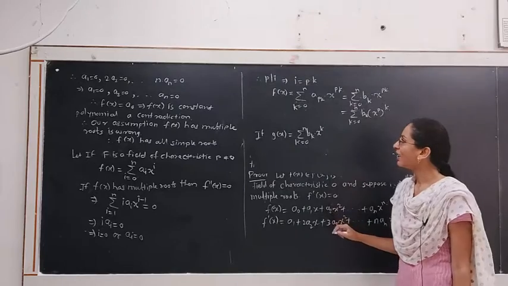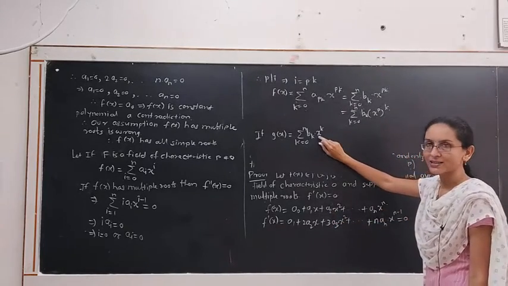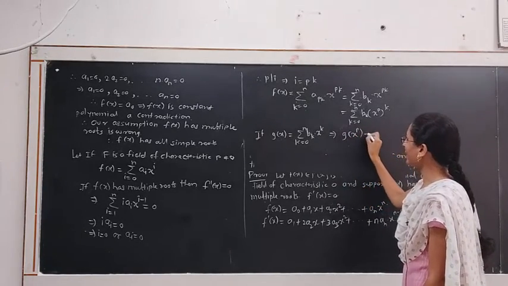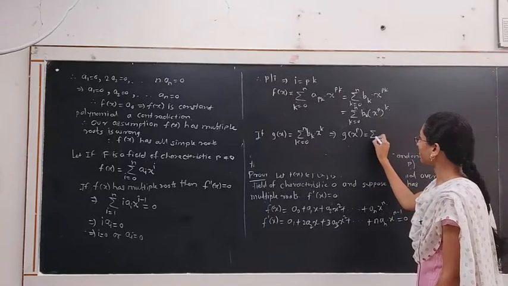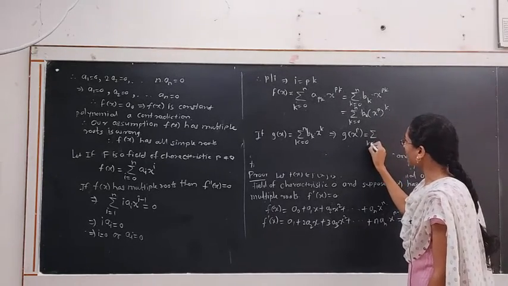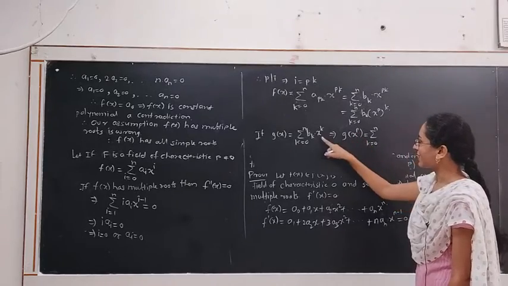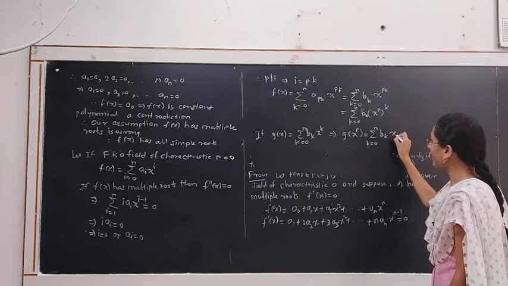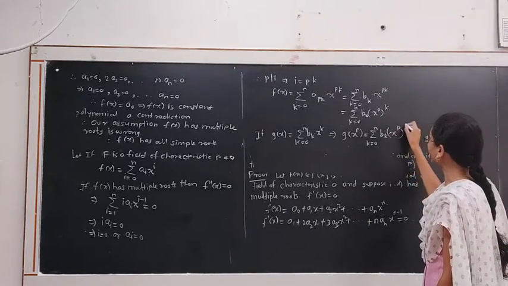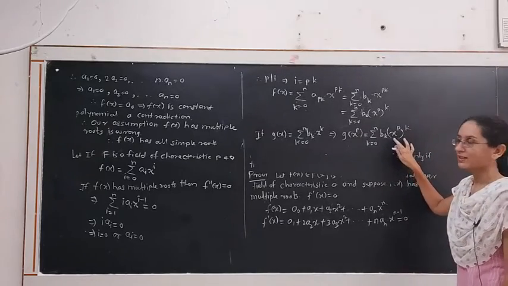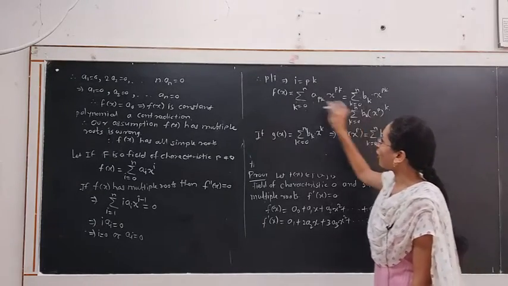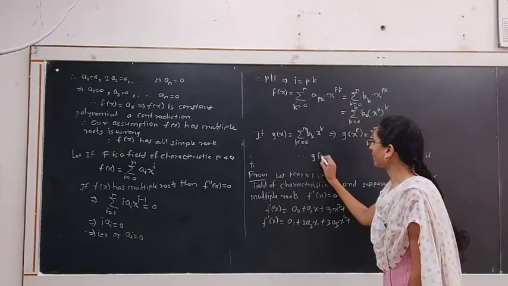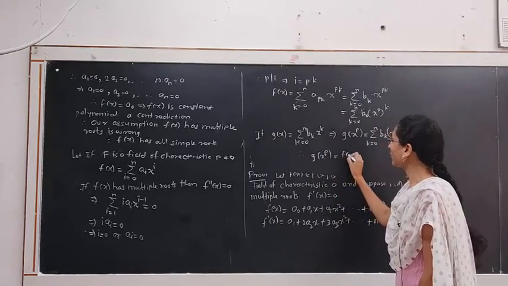Degree of g(x) is n, and if we replace x by x raised to p, meaning if we find g of x raised to p, this is equal to summation k equal to 0 to n of bk into x raised to p raised to k. This is the same polynomial as we obtained for the expression of f(x). Therefore, g of x raised to p is equal to f(x).